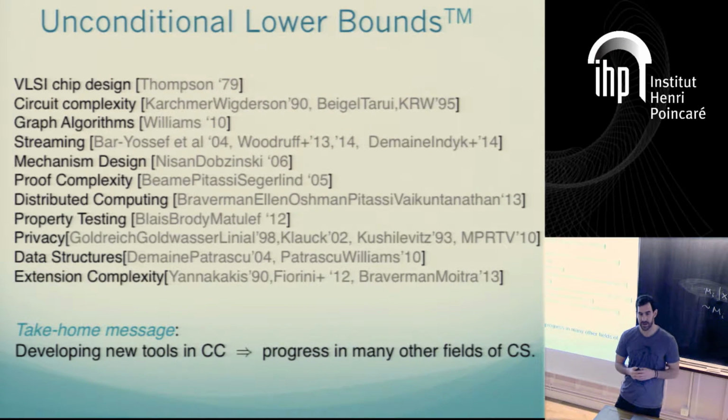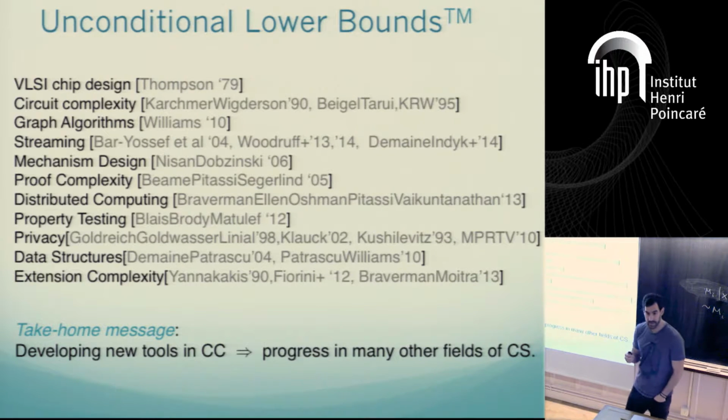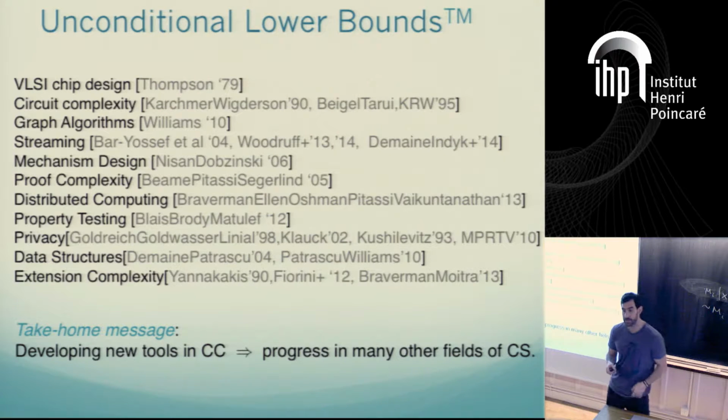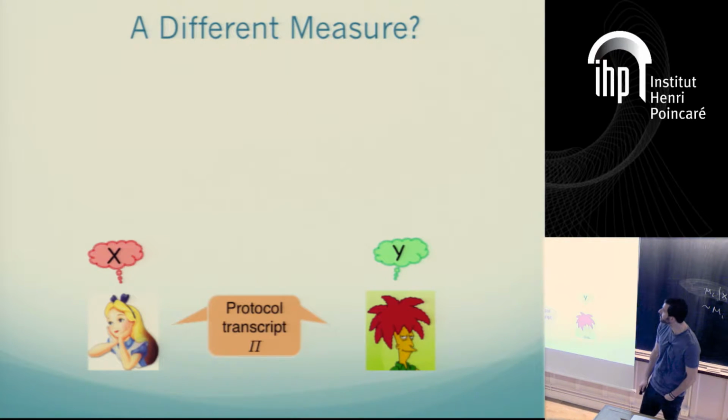For all these complexity measures, we have methods for proving lower bounds using communication complexity. So there's a lot of motivation for studying this complexity measure. And really the take-home message is that if we develop new tools in communication complexity, we potentially make big progress towards understanding many other fields of computer science.